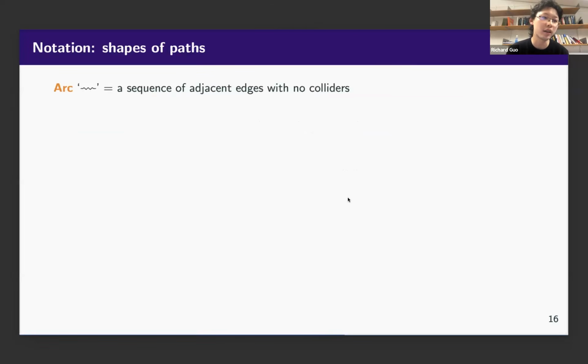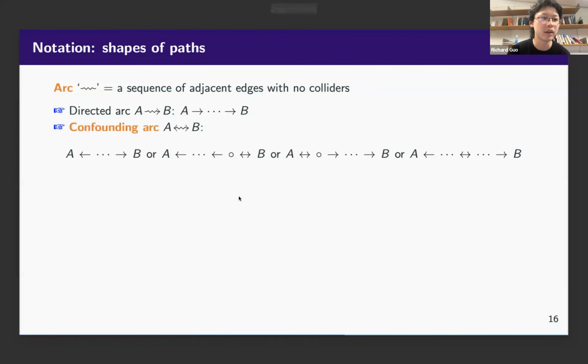A particular aspect is whether or not a path has any collider. A collider is where two arrows meet. When a path has no colliders, I call that an arc, and an arc is denoted with this squiggly line. A directed arc is just a synonym for a directed path. That means A followed by a bunch of arrows pointing to B.